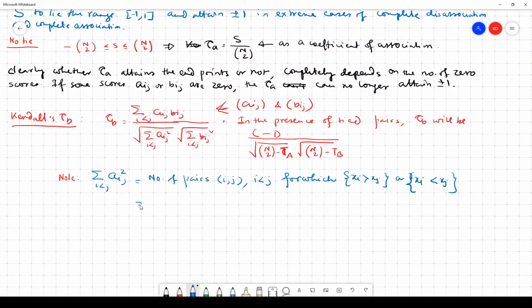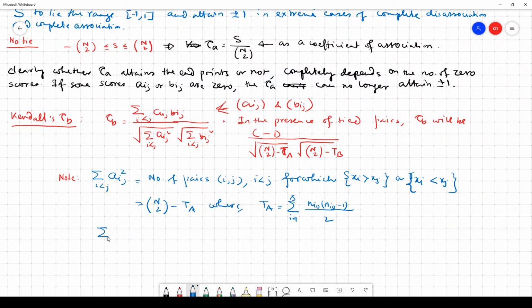This is equal to NC2 minus the number of ties, where TA, which I already defined, is equal to the sum over i from 1 to S of Ni0 into Ni0 minus 1 by 2.